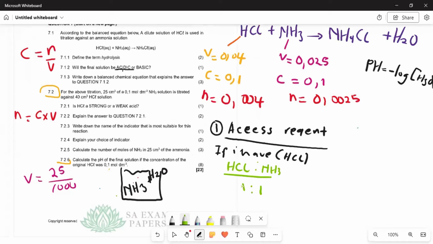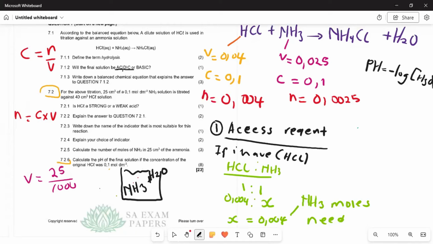So if I have 0.004 moles of HCl, how many moles of NH3 would I need? Here I will cross multiply, and as a result, I would need 0.004 moles of NH3. These are the NH3 moles needed. These are the number of moles you need to use up all this HCl.